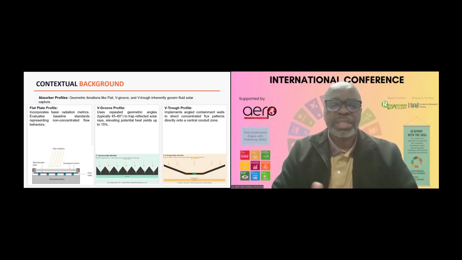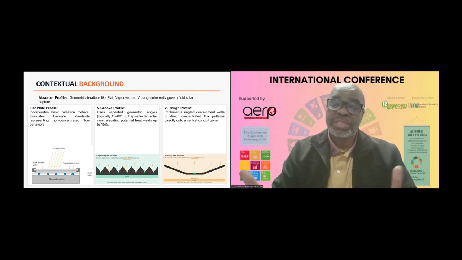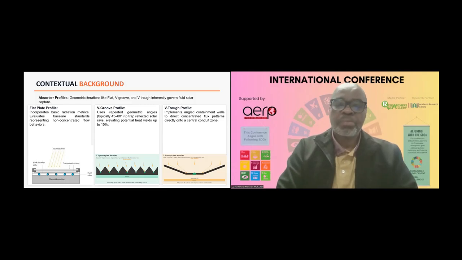That increases the area that is attracting the solar radiations, and it will have a good impact on the output variables. The third one is a V-trough, and with the V-trough, we are concentrating the solar radiation around one surface. It also has its own advantages, and we would like to see in this study the impact of each profile on the output variables.